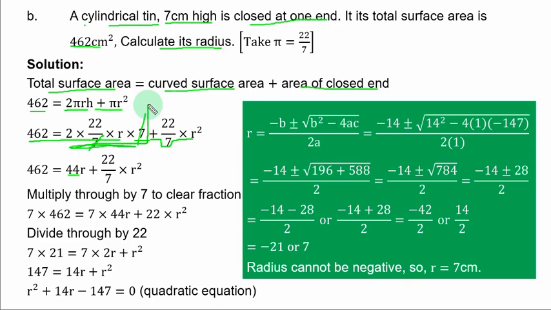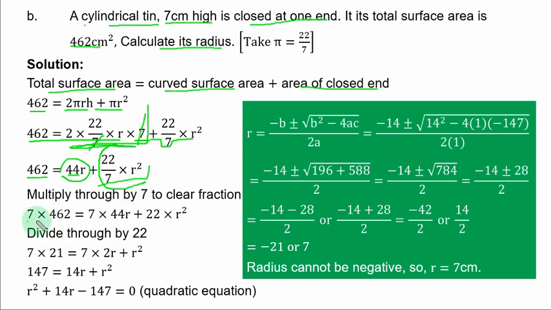So you have 44r plus 22/7 times r squared. We need to clear the fractions by multiplying through by 7. This is one term, this is another term, and this is the last term, so multiply through by 7.